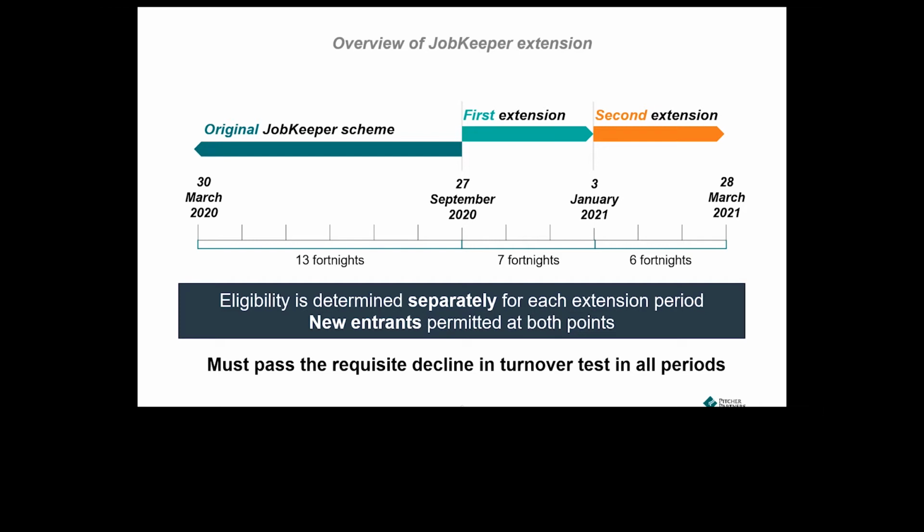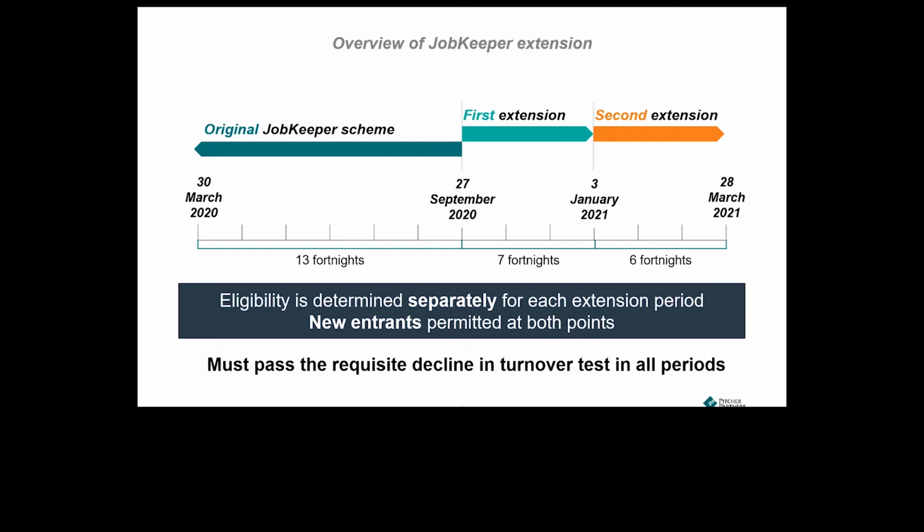So for example, if you're seeking to come into the JobKeeper scheme or continue being in the JobKeeper scheme from the 28th of September onwards, then you will be testing the September quarter as the test period for the decline in turnover test. That quarter applies under both the original decline in turnover test as well as the new decline in turnover test. So you will be conducting a test on the same period, which effectively means that if you pass that test, you will have met both tests that are prescribed under the legislation.